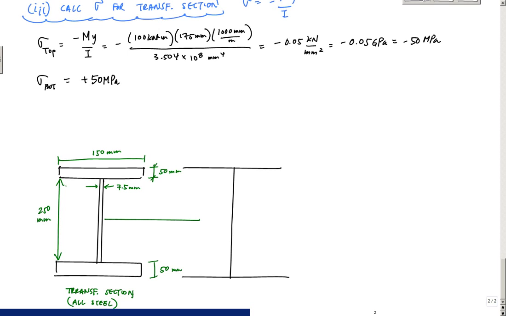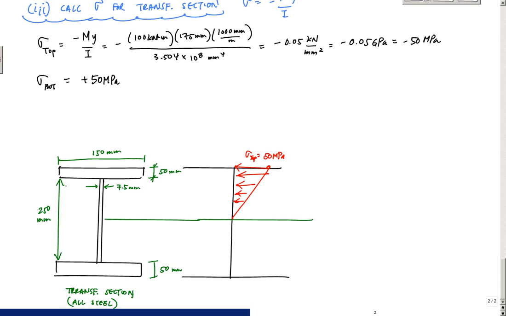And I have compression at the top right here. This will be minus 50, or 50 MPa causing compression. So I draw the arrows compressing that surface like this. And this point is sigma top of 50 megapascals.